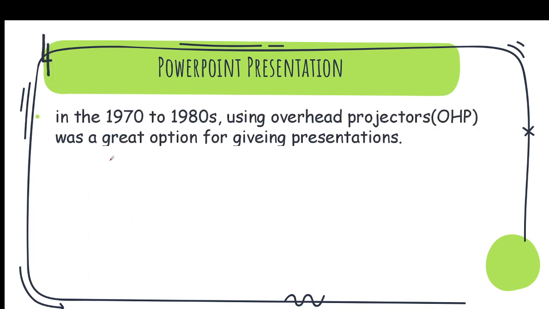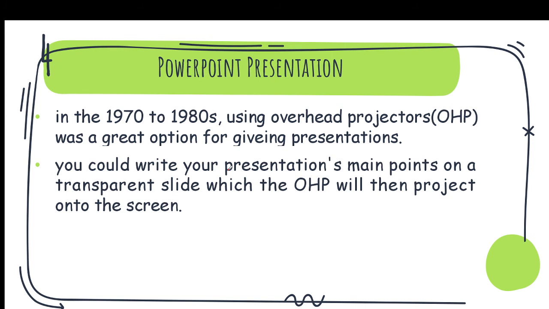But then in the 1970s to 1980s, using overhead projectors or OHP was a great option for giving presentations. You could write your presentation's main points on a transparent slide, the one which I displayed from before till this moment.